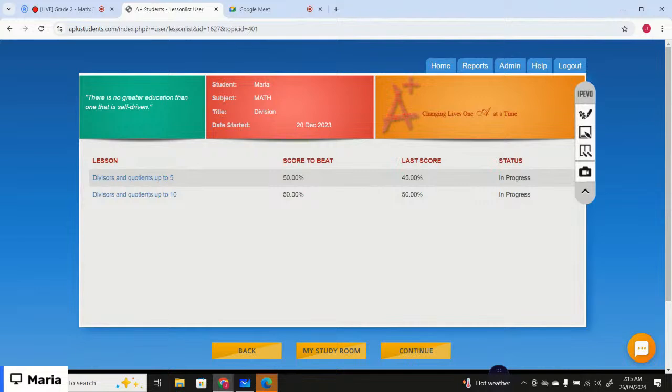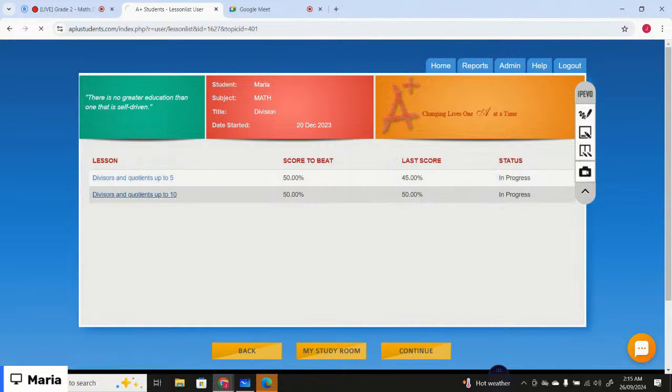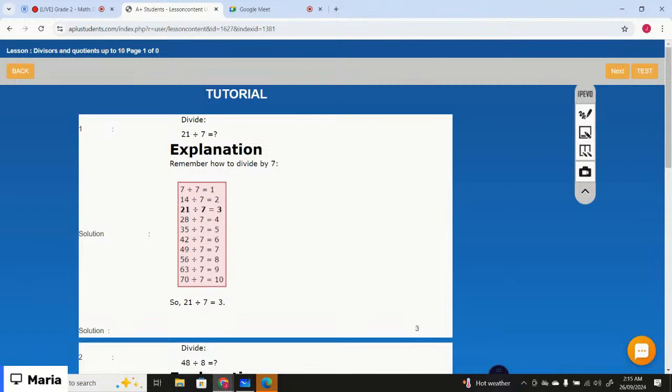The next lesson is divisors and quotients up to 10. Okay, the first one is 21 divided by 7.